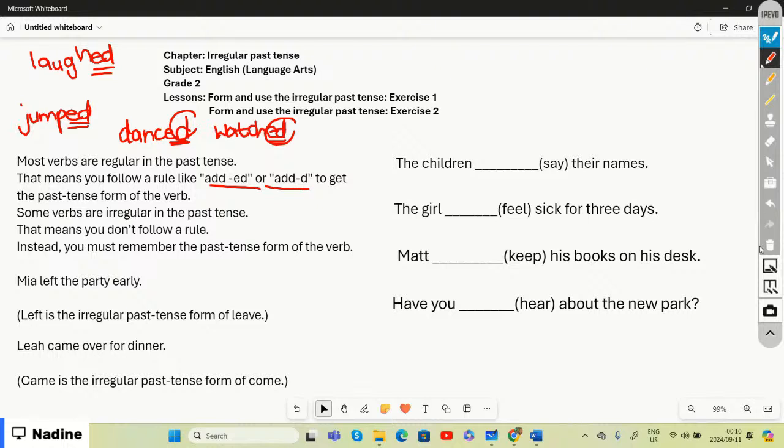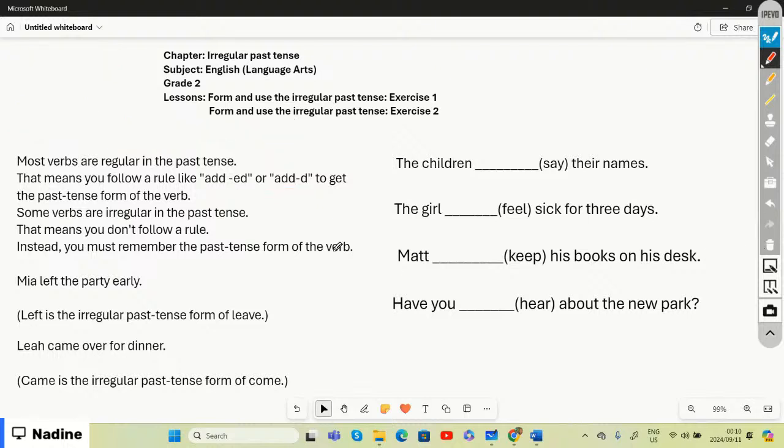But now we also have irregular past tense. Irregular past tense verbs do not follow any rules, like add a d or add an ed.